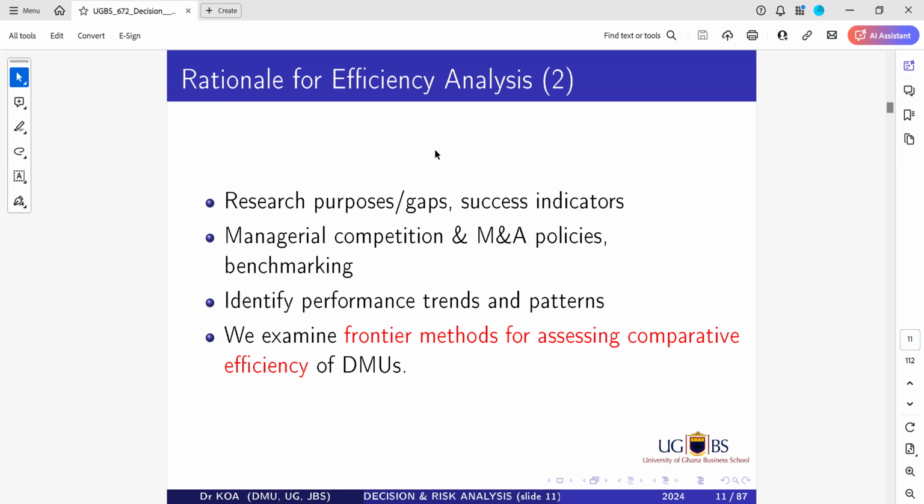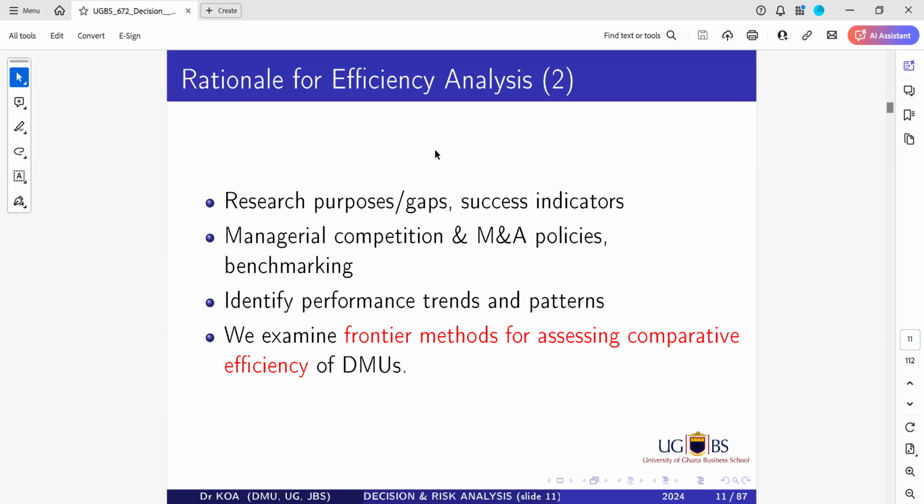We call it the returns to scale that you have. You can identify the trends in the industry, the patterns, the leaps and bumps, the highs and the lows of all of this. So the efficiency analysis we are going to be looking at will help handle all of the above.